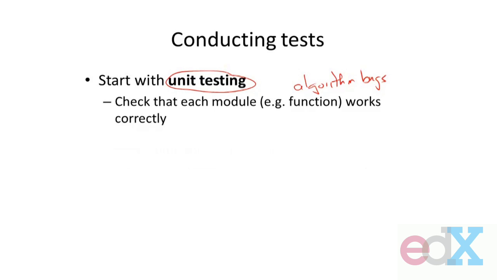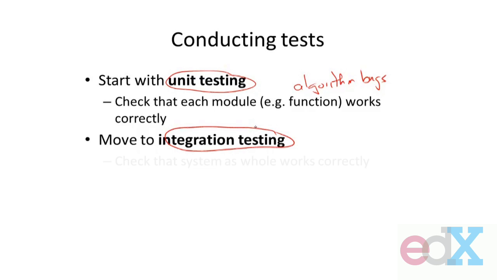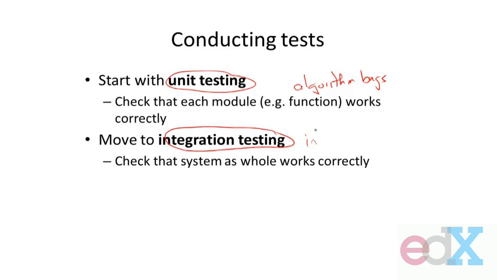Once I've checked the modules, I'm going to move on to what we call integration testing, which is to check that the system as a whole works correctly. If I've got multiple functions that are interacting with one another, I want to make sure that even if the modules do the right thing, the whole system does well. And this will typically catch what we might call interaction bugs. And by that I mean places where an incorrect value is being communicated to another function, or an assumption about input is being broken as I move back and forth.